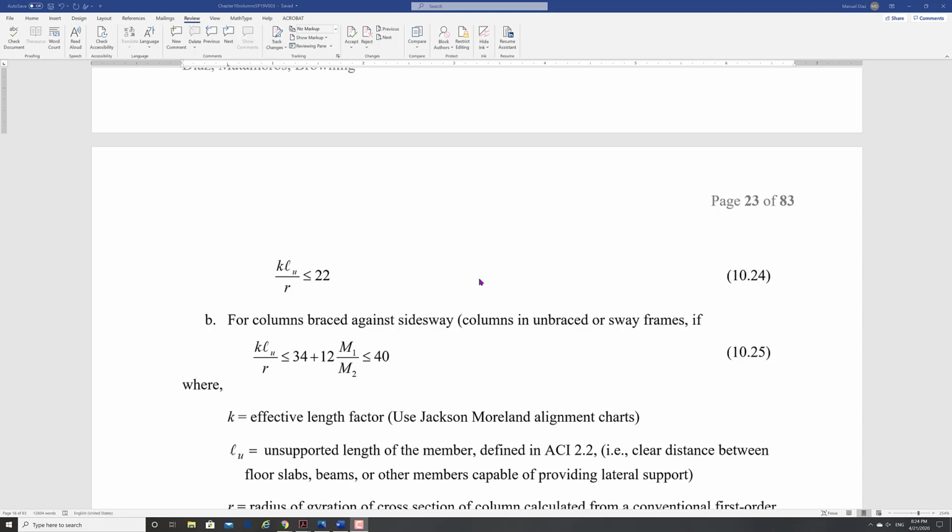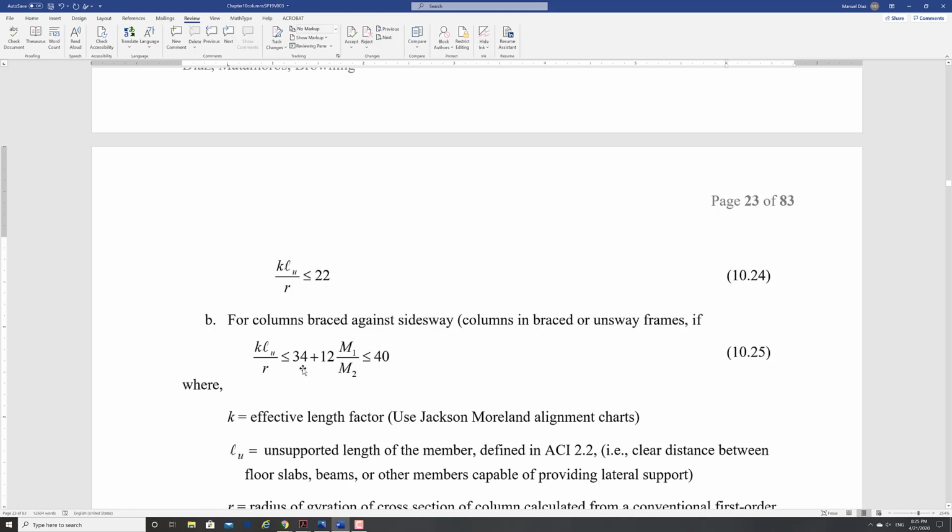Okay. For columns that are braced against sideway, or non-sway frames, then the limit is given by this other value.